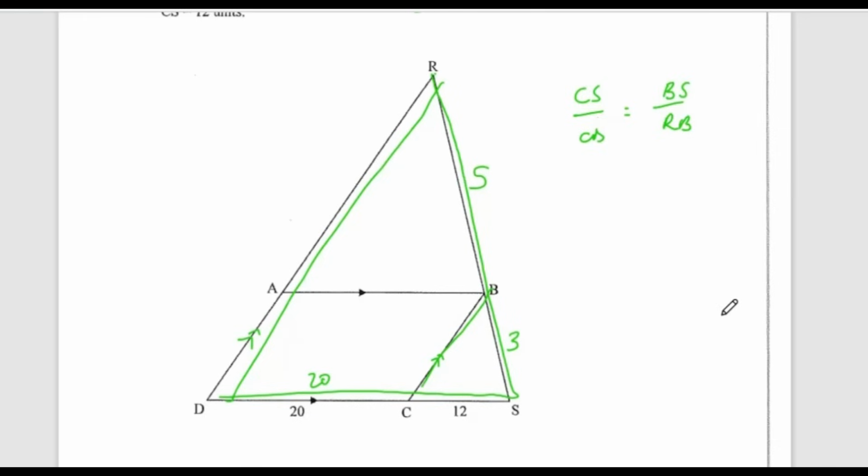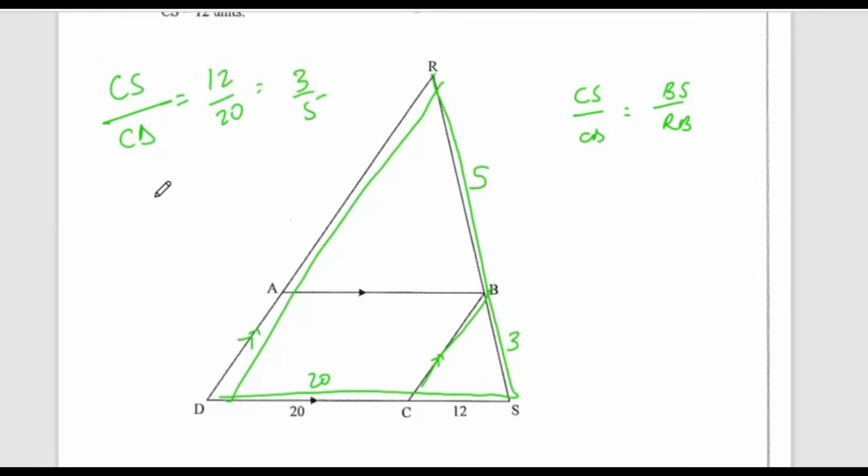Okay, so step number one. I'm going to get CS over CD. That's going to be 12 over 20. When I simplify that, I'm getting 3/5.